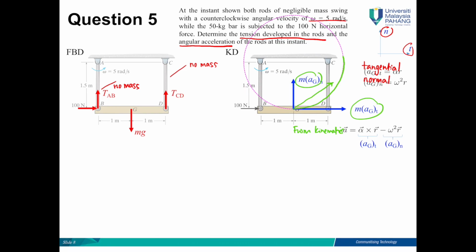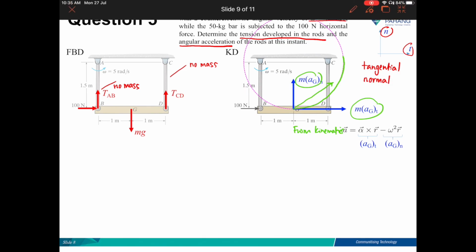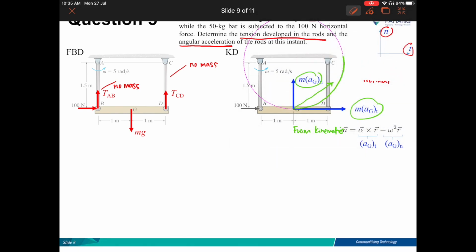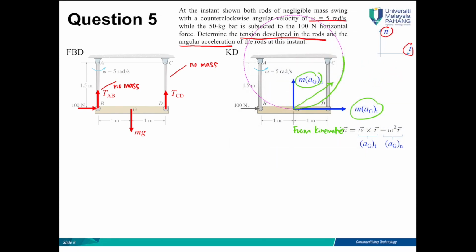When we write it down in scalar form, because these are in vector form, we will have AGT equals alpha times r, whereas AGN equals omega square times r. You will ignore all the negative signs because they only indicate the direction in vector.